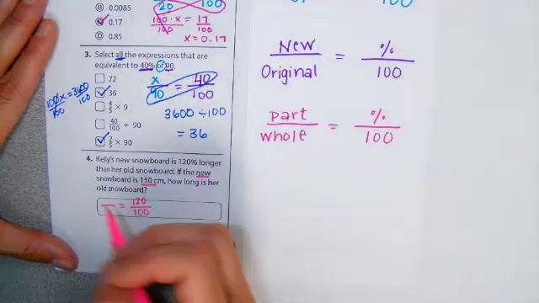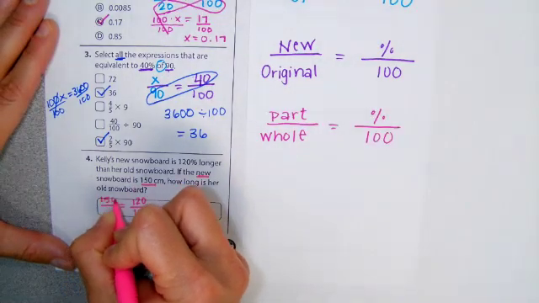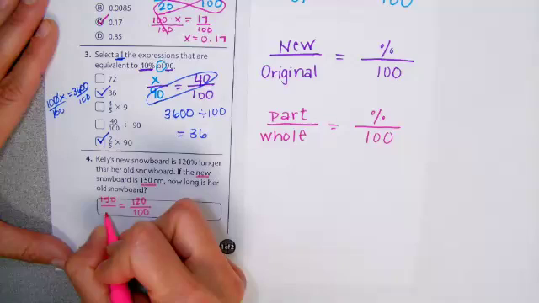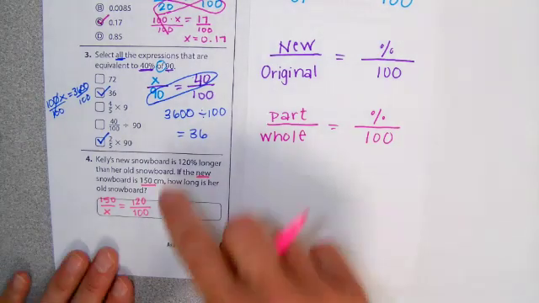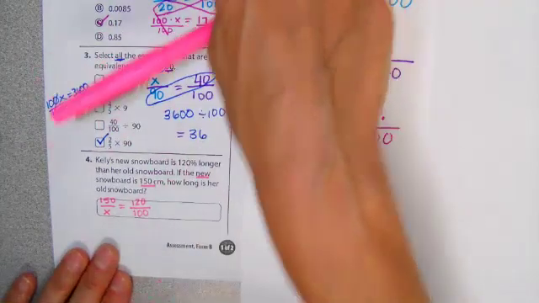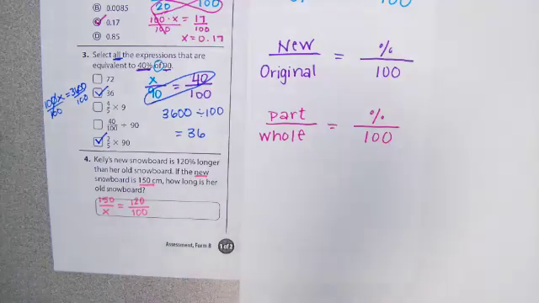So the new length is 150 centimeters, which means our missing number is down here. You solve this very similar to how you solved it up here. What two numbers can we multiply? Again, it's called cross multiplication.